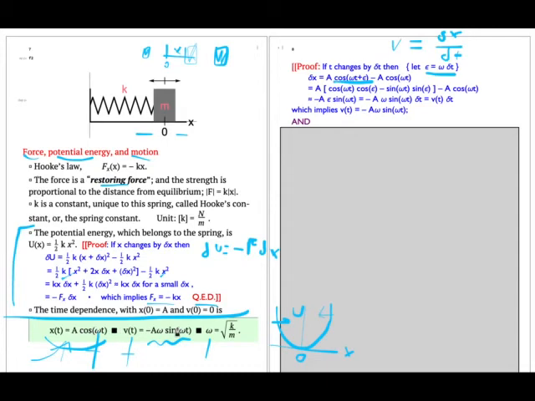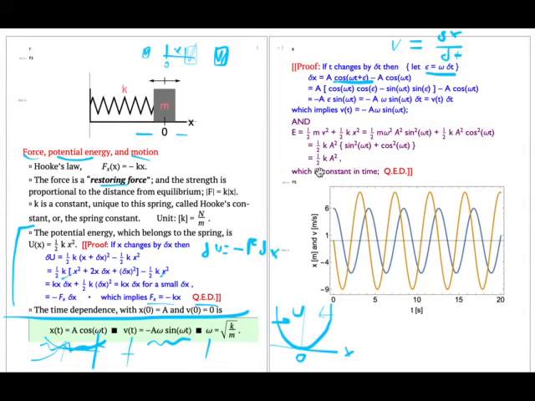Now I want to show that the force and energy implies that this is the correct time dependence, sinusoidal. And that I will prove with conservation of energy. The energy should be conserved.